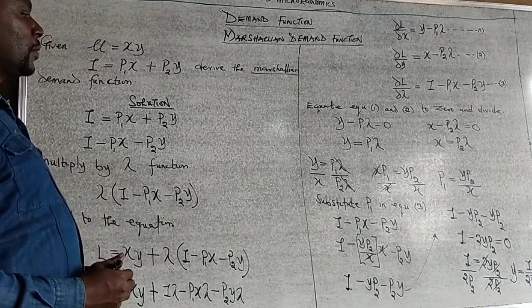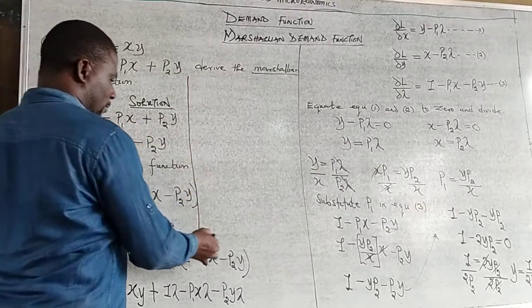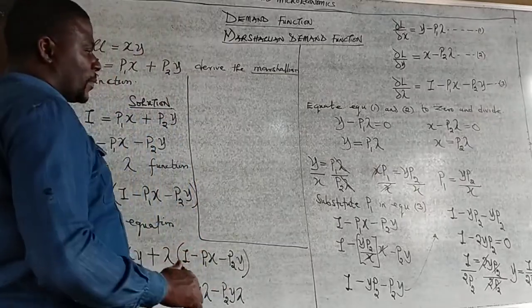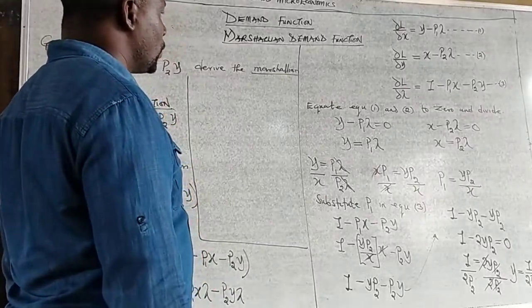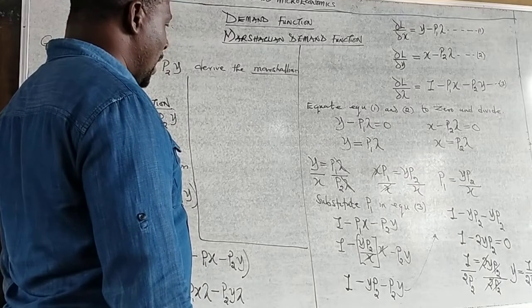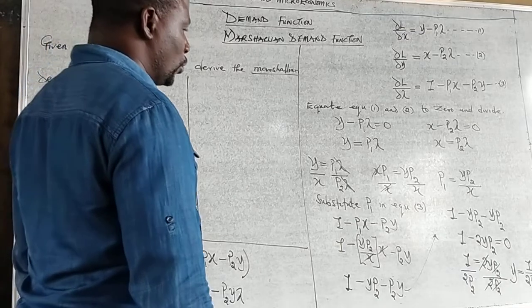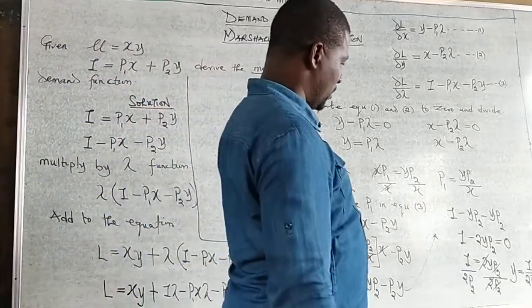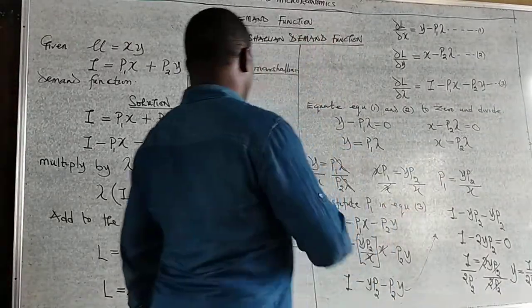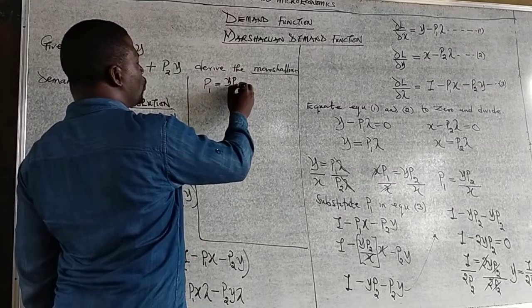Okay. Then let me get my x here, to save our time. To get my x, I can now say that from here, p1 equals y p2 over x.